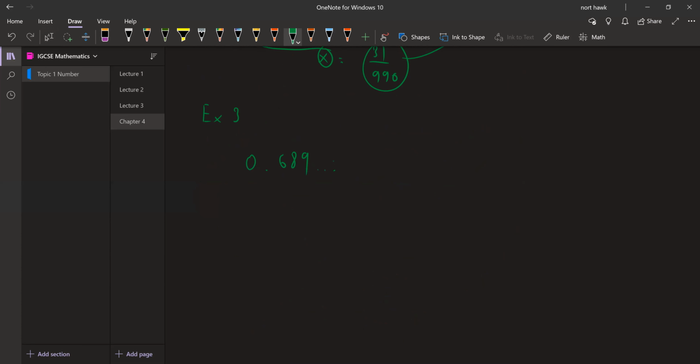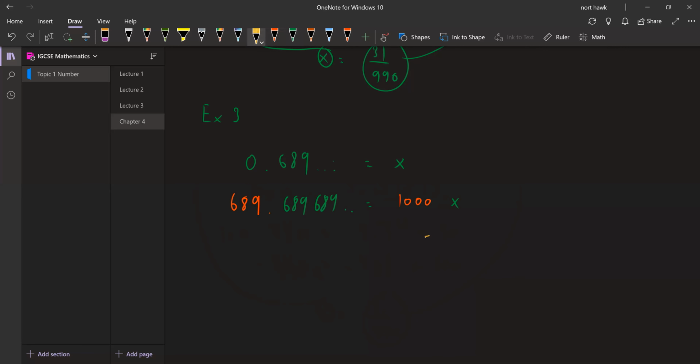Let it equal to x, and I times it by 1000. So 1000 times x would be equal to 689.689689, and so on, repeating.